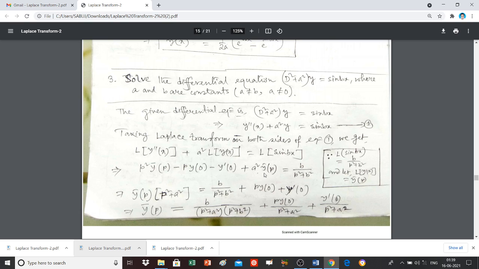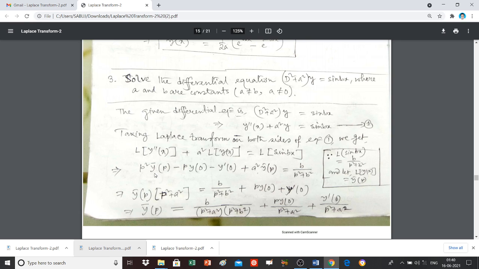So the right hand side will be b by (p square plus b square), and on the left hand side, the Laplace transform of the second order derivative of y is p square y(p) minus p y(0) minus y prime(0), plus a square y(p), equal to b by (p square plus b square).